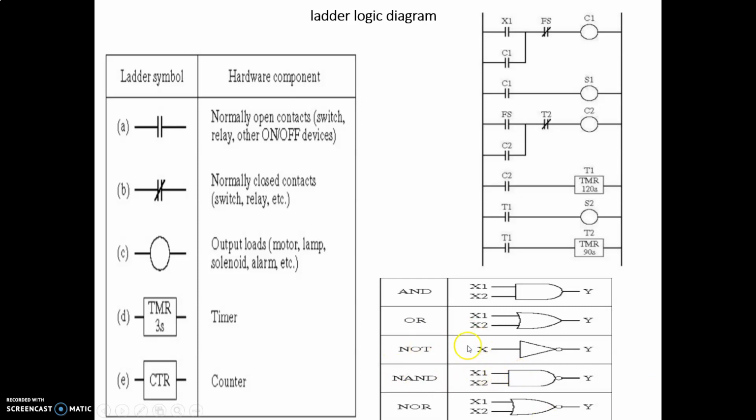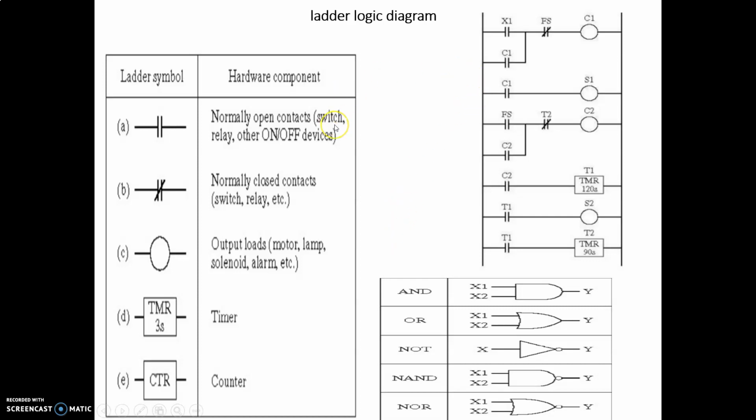Just to cover it quickly, look at the AND and OR functions here. What does this mean? If x1 and x2 are true, then and only then we get an output in the true form. In the OR form, if either x1 or x2 is true, then we get an output here. Same thing we are using in our logical diagrams here.